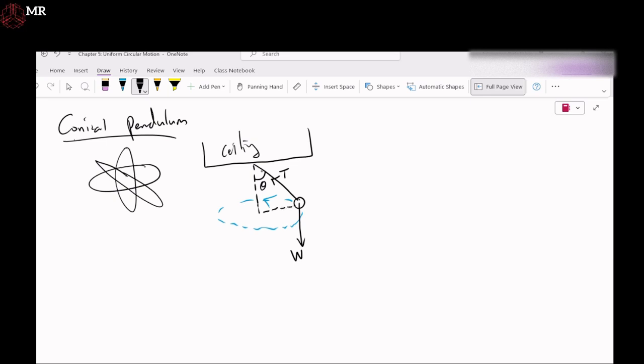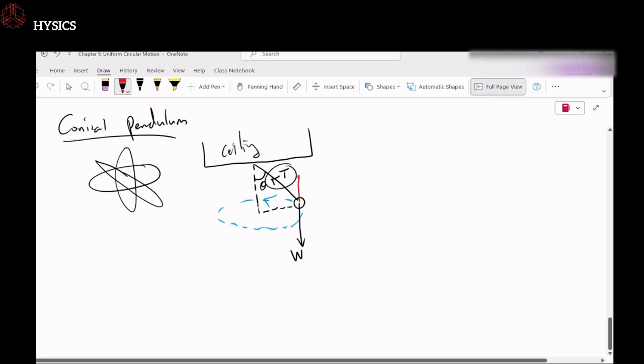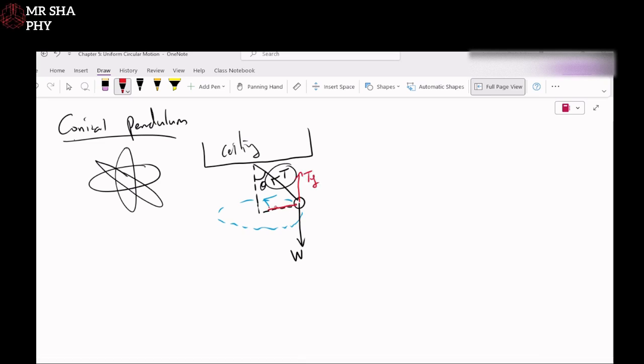I will have to resolve T into its components. So if I resolve T, I will have two other forces. I will have going up Ty, and then I have Tx, which is towards the middle.